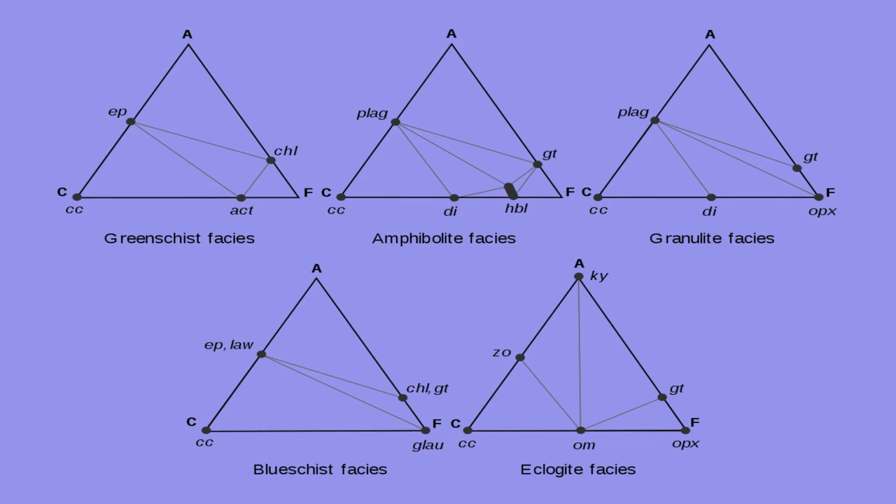It is possible to divide the three-component diagram into triangular fields such that only rocks whose chemical composition falls within a given triangle will be found to consist of the three mineral phases located at the apexes of that triangle.